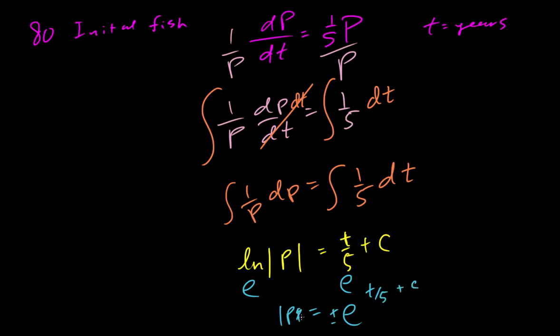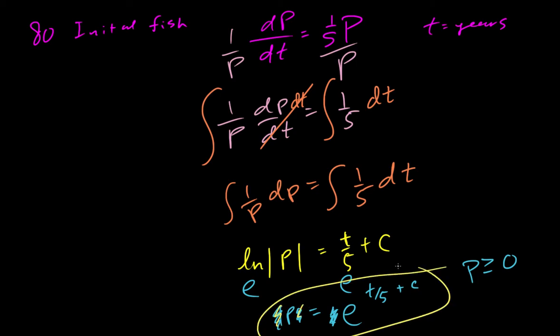And we put a plus or minus out there so we can get rid of those absolute values. We do know the population is never going to be 0 or below, yeah. So we do know that p is greater than or equal to 0, so we don't need to do this. And so we don't need those absolute values, and so that's just our expression for p.